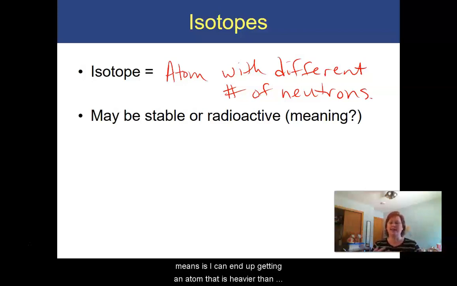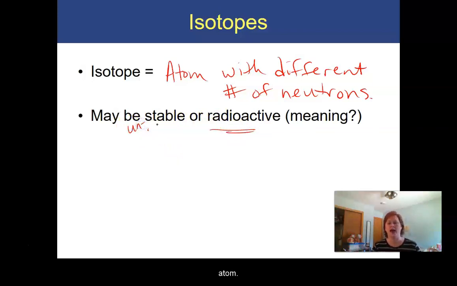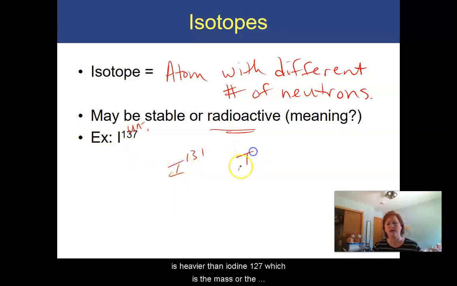And what that means is I can end up getting an atom that is heavier than other atoms of the same element. So what that means is I can end up with a radioactive, or this should actually say unstable, atom. So an example of that would be iodine 131. Iodine 131 is heavier than iodine 127, which is the mass number that you see on the periodic table.